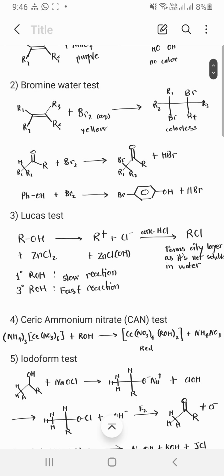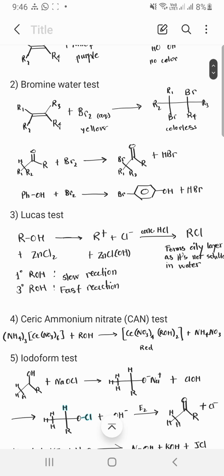Cool. So its yellow color diminishes as we go on. There's also the haloform test where this yellow color completely diminishes from the solution and you get a yellow precipitate, or I should say yellow crystals of haloform, right? That's the haloform test.